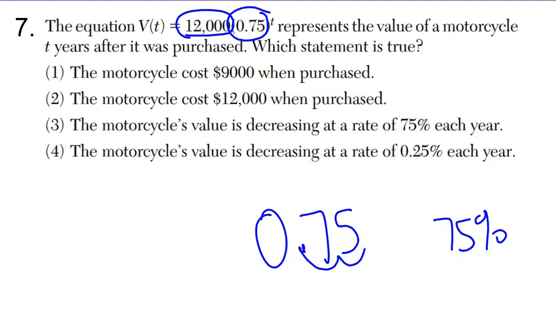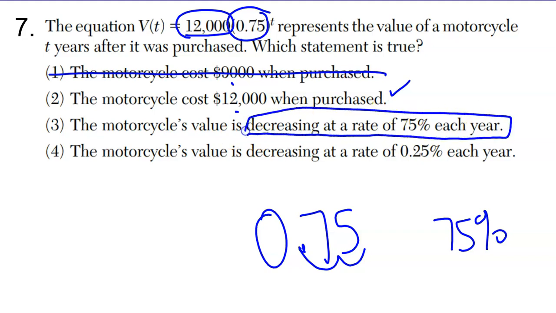Okay, so the motorcycle cost 9,000 or 12,000? Well, this is definitely wrong. The motorcycle cost 12,000 when it was purchased. That's true. The motorcycle's value is decreasing at a rate of 0.75 each year. Now, I know that is 75 and this is 75, but when you have your formula, it's supposed to start with a 1, right?